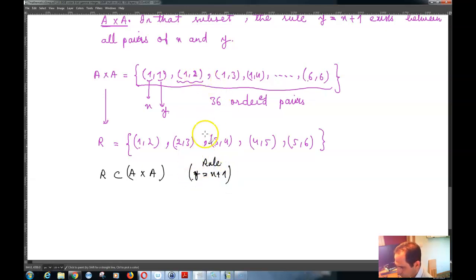Based on this rule, we took these elements out of all of these 36 elements.